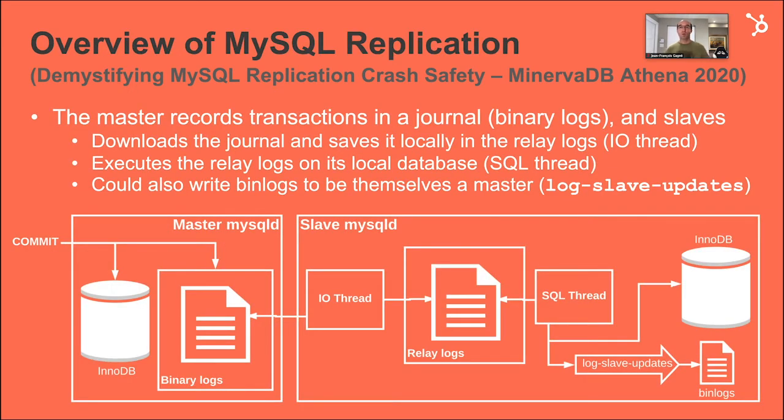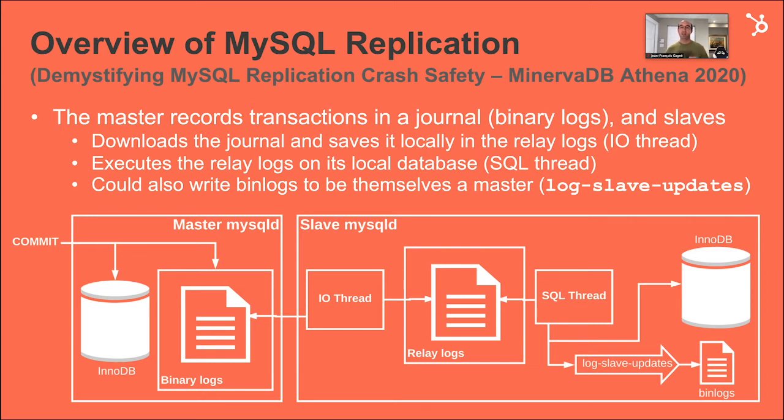So a quick overview of MySQL replication. You can look at the diagram here. From the left, a commit happens on the master. So data goes into InnoDB and then in the binary logs, not necessarily in this order. And the binary logs are the journal for replication. This is where the master stores everything that has been modified in the database. On the slave, we have the IO thread that is connecting to the master and is downloading the binary logs.